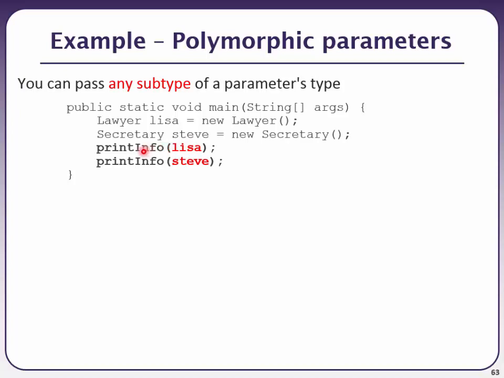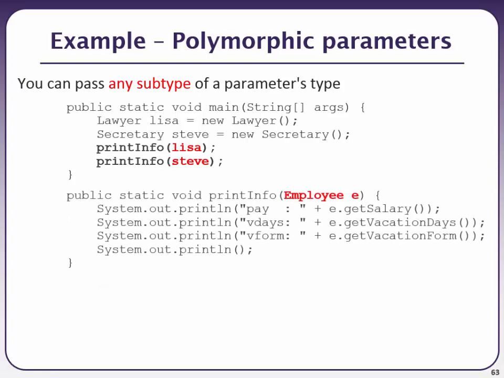So if we would have written the printInfo method so that it accepts only a lawyer or only a secretary, we could not use the same method for both objects. But what we did instead, and this is where the polymorphic parameters come into play, we said that the parameter of that method was to be a reference to an object of class employee.